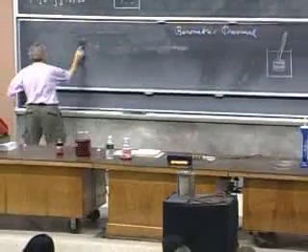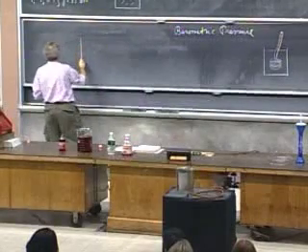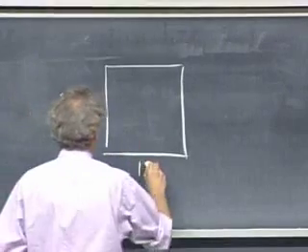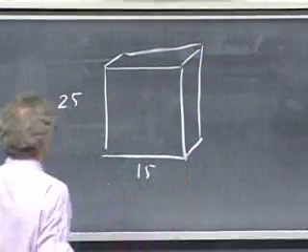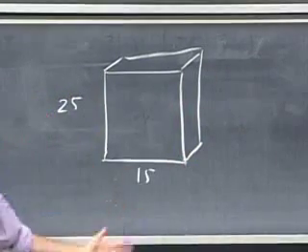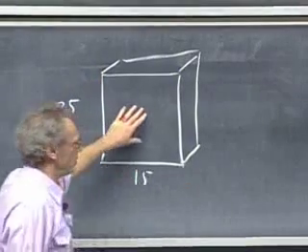I'm going to pump the air out. And so here is the paint can, about 25 centimeters by 15. And so there's equilibrium. There's 1 atmosphere outside, 1 atmosphere inside. Paint can is happy. I'm going to suck the air out, so I get an underpressure here.